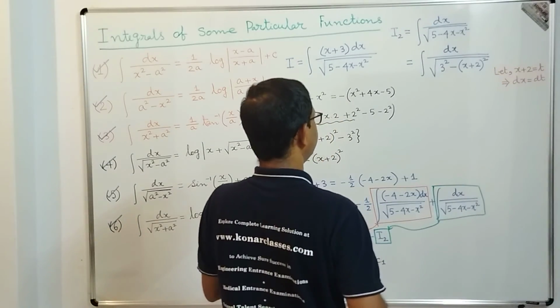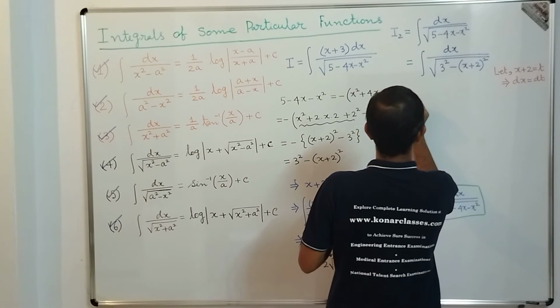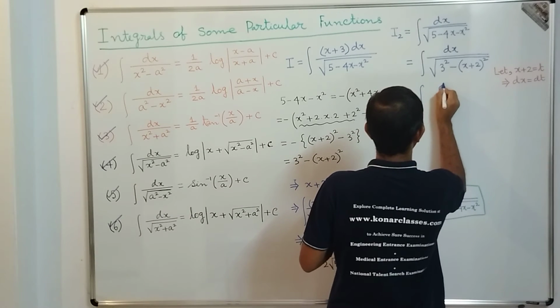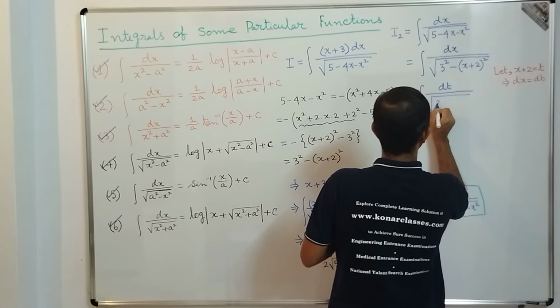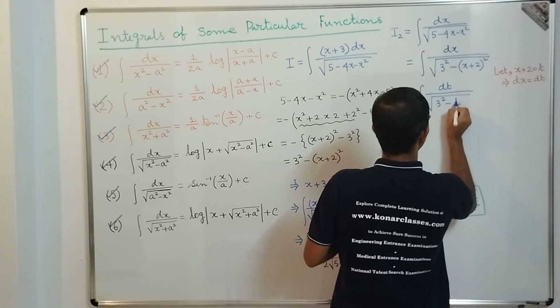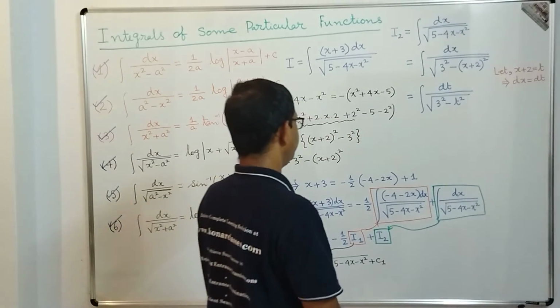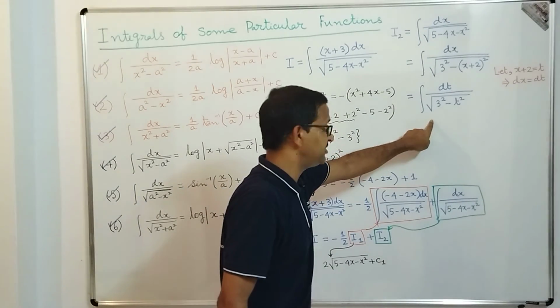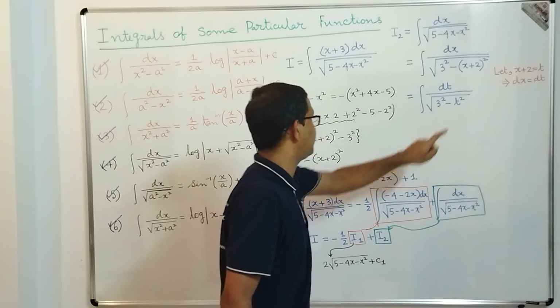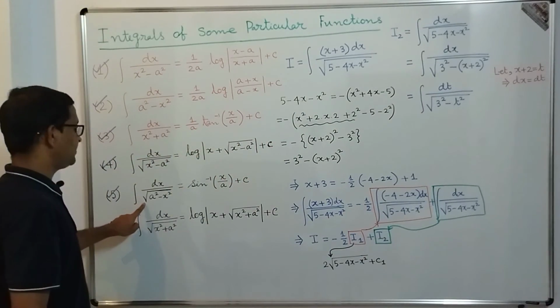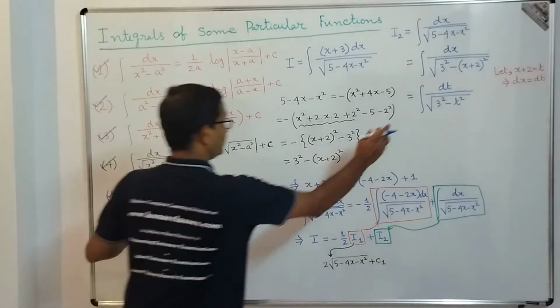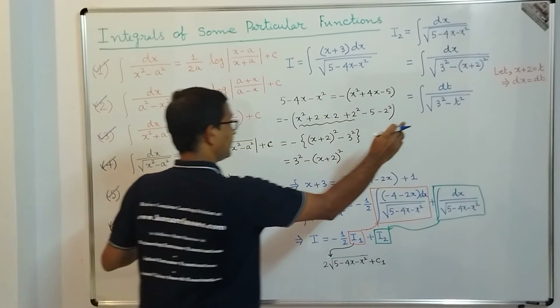And we get this integration as integration dt divided by square root of 3 square minus t square. If you see this integration, dt by square root of 3 square minus t square, it is a form of the fifth one, dx by square root of a square minus x square, where a is nothing but 3 and x is nothing but t.